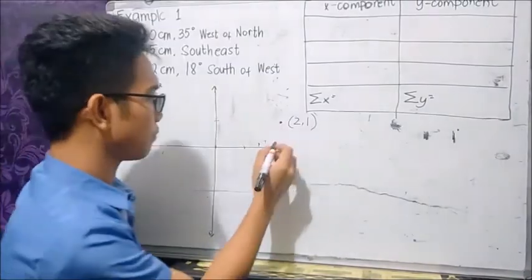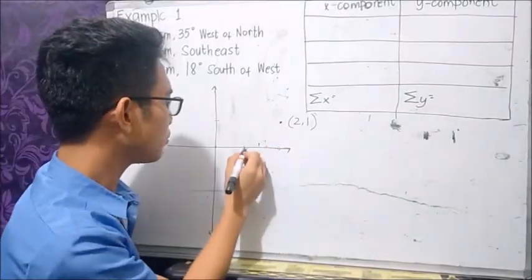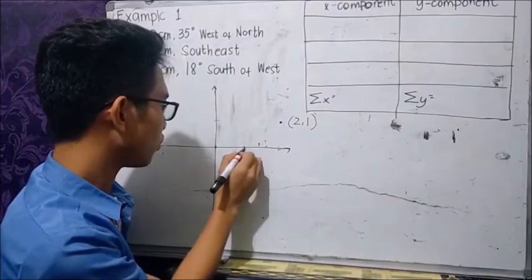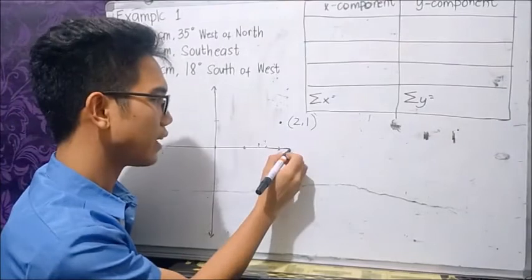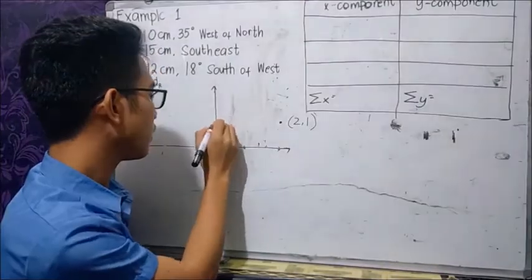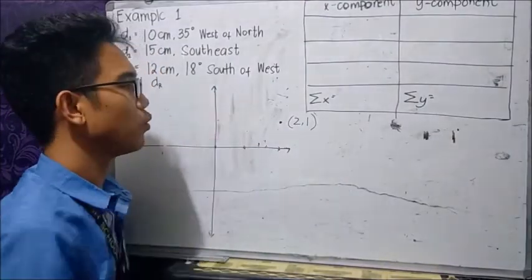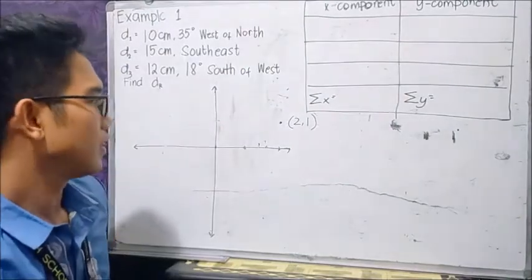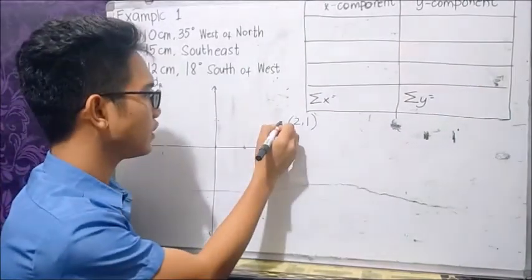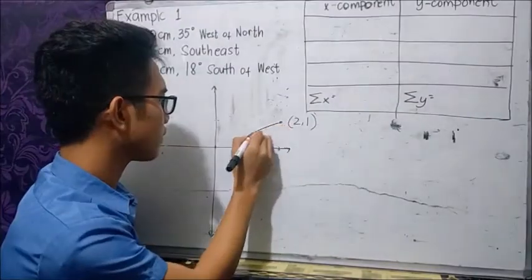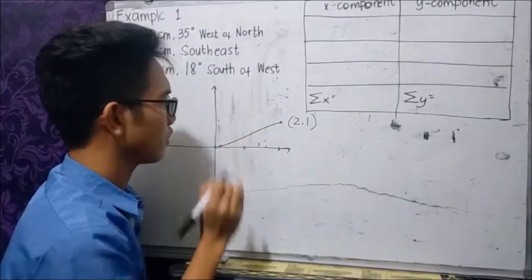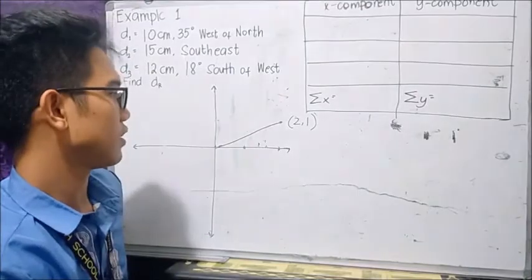So the x component is 2 units from the origin through the x-axis, and then 1 unit from the origin through the y-axis. If we're going to connect the point to the origin, then we have this image.